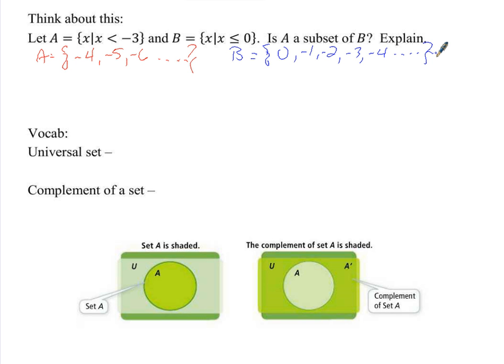So is A a subset of B? Yes, it is. Okay? Because B has 0, negative 1, negative 2, and then all of those, just like this one has just these. It starts at negative 4 and goes negative. This one starts earlier than that, but goes negative, includes negative 4, and everything else that set A had. So therefore, the answer is yes.